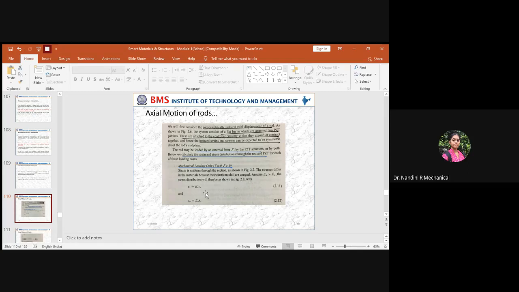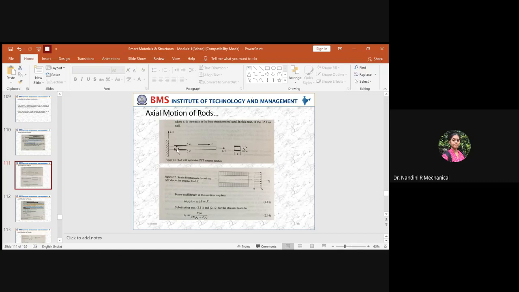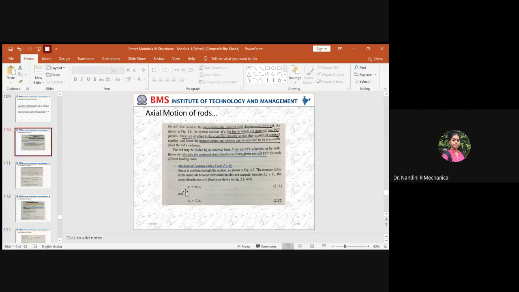In the last class, we dealt with the axial motion across the rods due to the attachment of the piezo patch, as shown here, for the direct piezo effect. We evaluated how the stress distribution equation comes about, assuming the elastic modulus of the actuator or piezo element is greater than that of the substrate or structure.